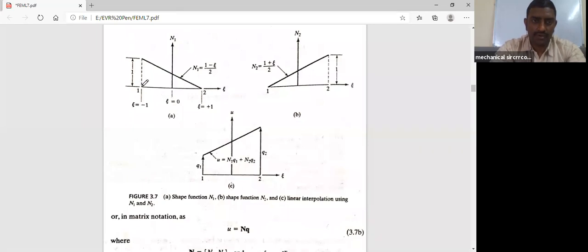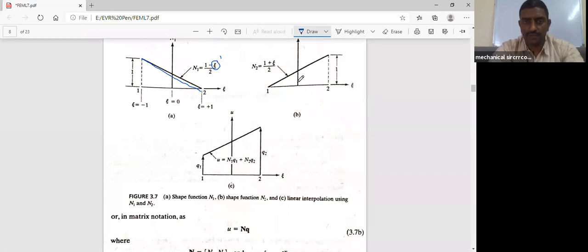At node 1, the value of N1 is maximum, 1 unit, N1 is equal to 1. At node 2, it is 0. In between node 1 and 2, the variation of N1 is linear, because the power of natural coordinate j is 1.